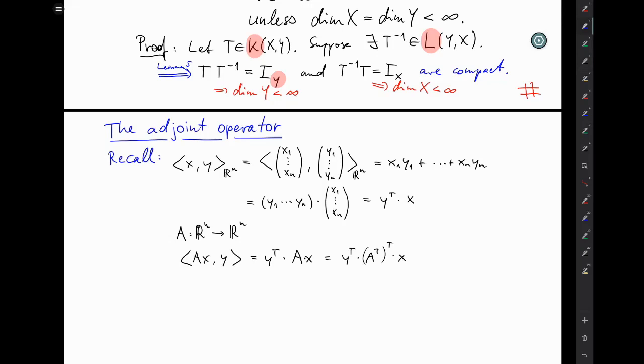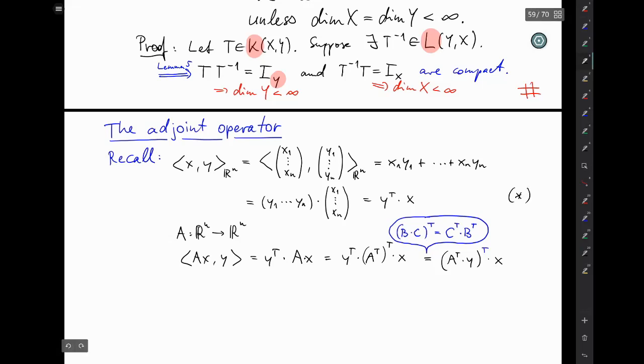Okay, then in the next step you use this little rule for the transpose of a product to simplify this expression into that one.